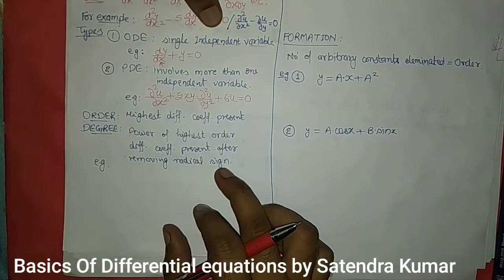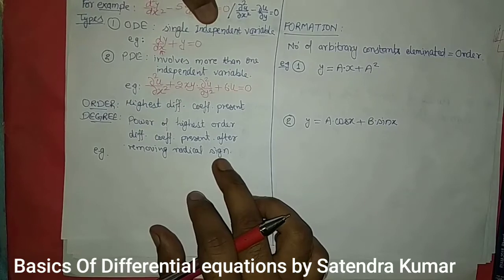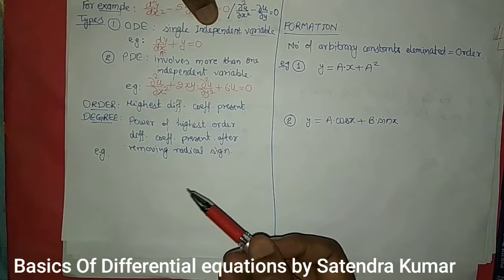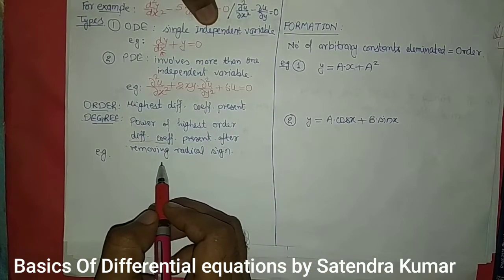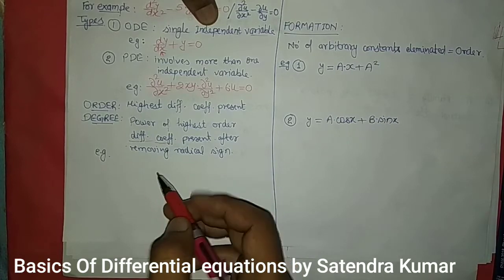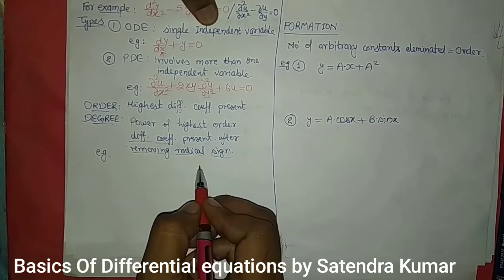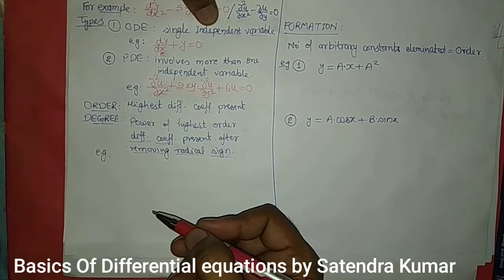And the other term is degree. Degree means the power of the highest order differential coefficient present in the differential equation, but after removal of the radical sign. Radical sign means the negative powers and the fractional powers on the differential equation.